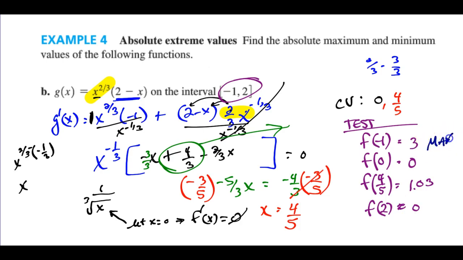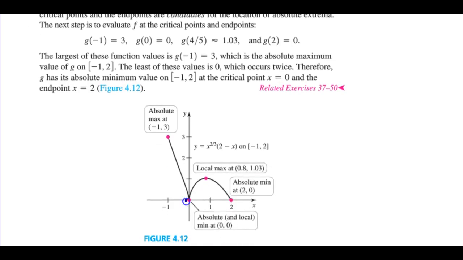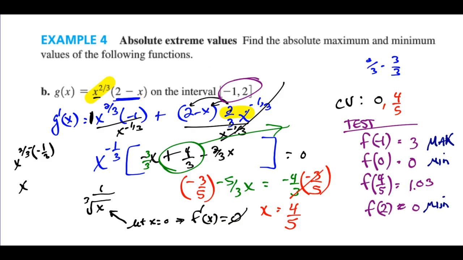And it's possible to have 2 mins. We explored that earlier. Let's see. This is part B. So yeah, that makes sense. I have 2 minimums, and it looks like, I don't know, did I have a 0.8? Well, yeah, of course, 4/5 is 80%.